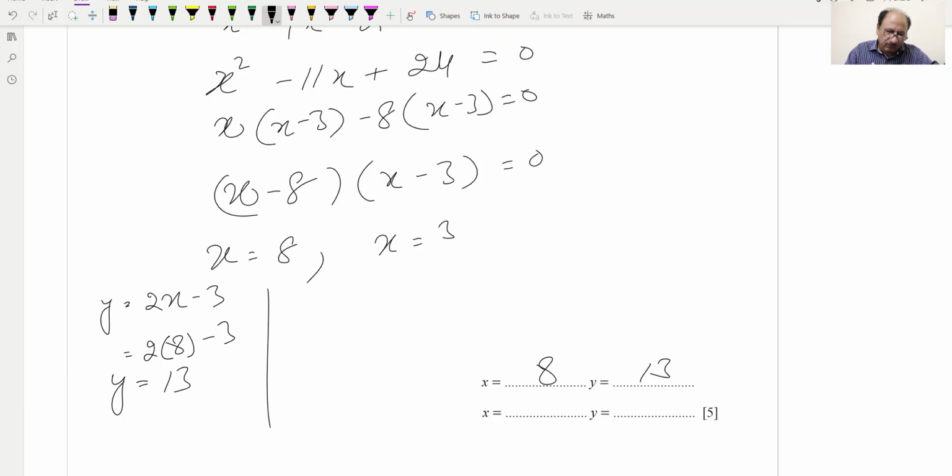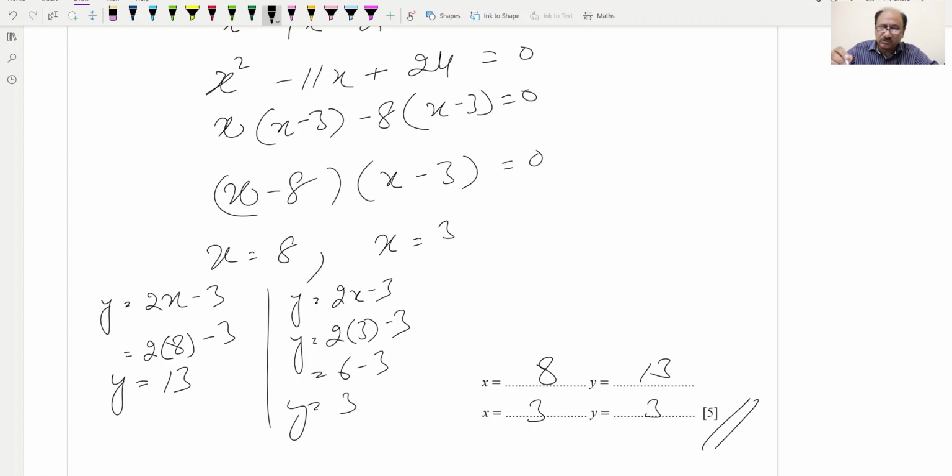And for the second one, y is equal to 2x minus 3. So if we replace x with 3, we will get 6 minus 3, which is equal to 3. So if x is 3, y will also be 3. And this was a 5-mark question which we are done with. It was a straightforward and very easy question.